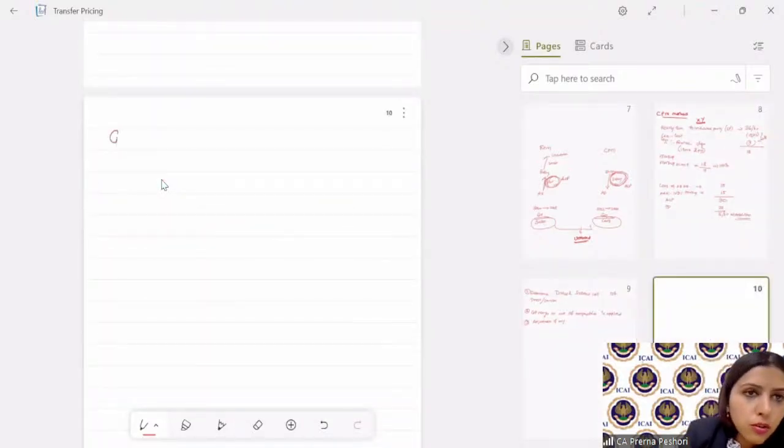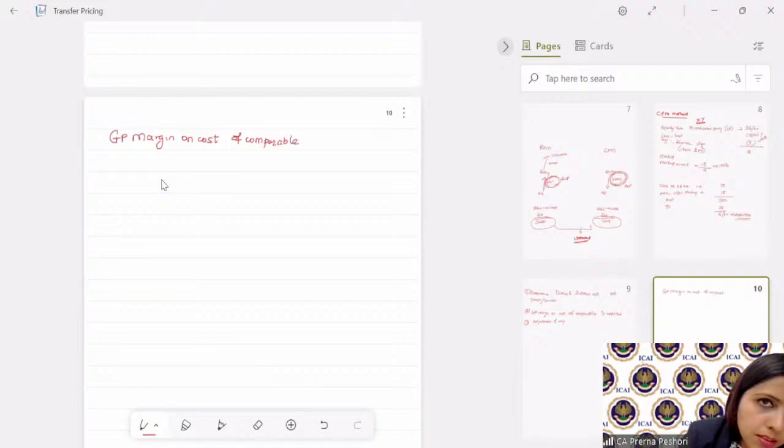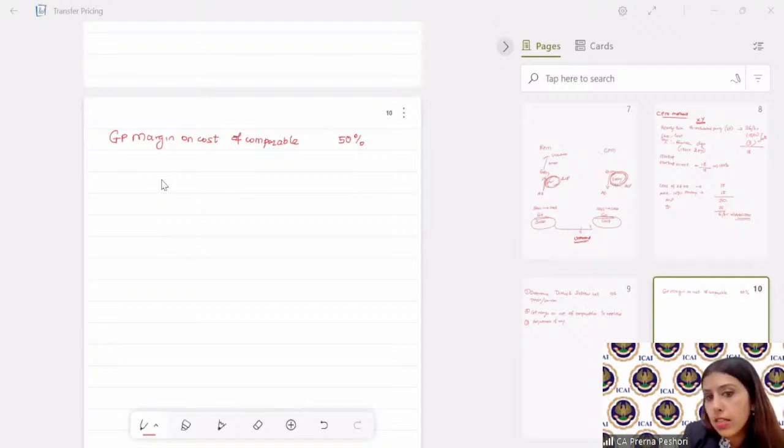So gross profit margin on cost of comparable is your 50%. Right? Now you need to make the adjustment. First, it is said that LMN derives the technological support from ABC, and XYZ does not provide that kind of support.